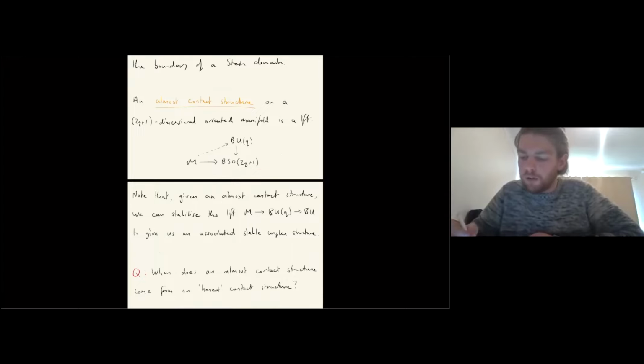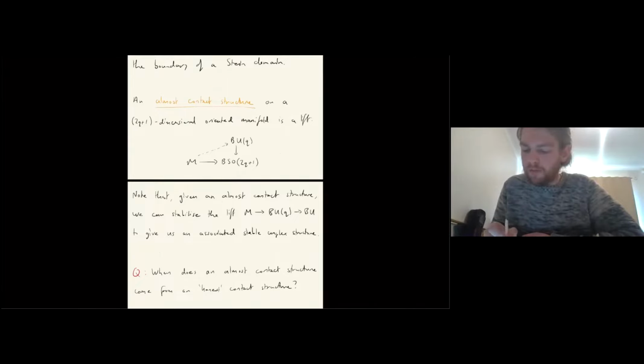So the precise definition is set up in the same G structure formalism, where you have an oriented 2q plus 1 manifold, which is given by this. So now we're not working stably. An almost contact structure is precisely just a lift from here.